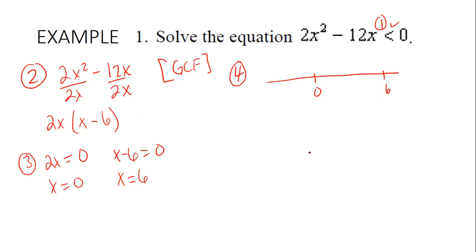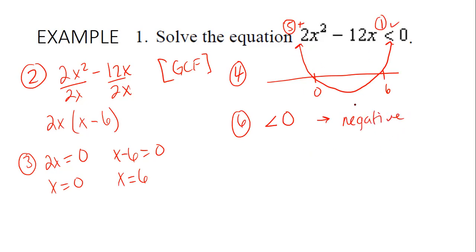We're going to sketch our parabola. Step 5, you look at your a value. Our a value is positive, so we have a happy parabola. And on step 6, we're looking for when is it less than 0. So this means we want values that are negative.